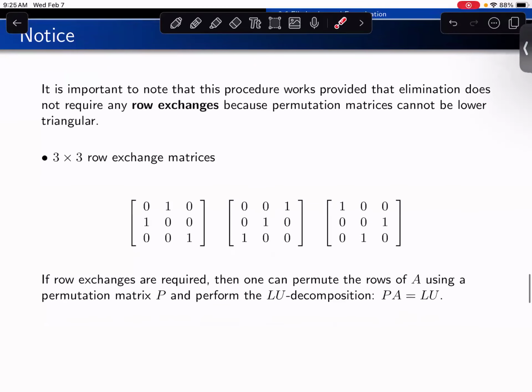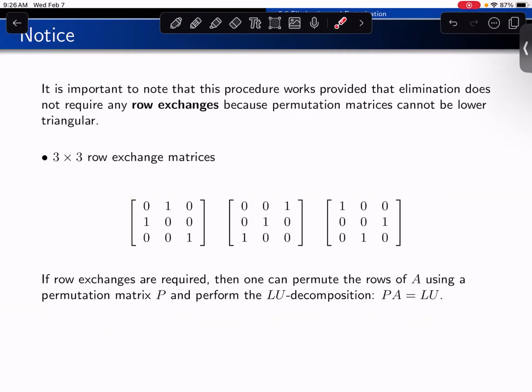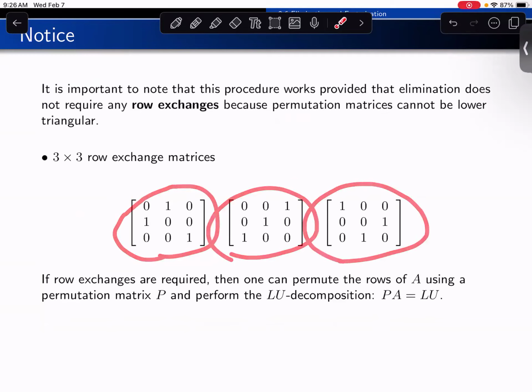The reason it's problematic is the permutation matrices we looked at before, where you switch certain rows of the identity matrix. These are examples of 3x3 permutation matrices. You can notice that none of these matrices are lower triangular.